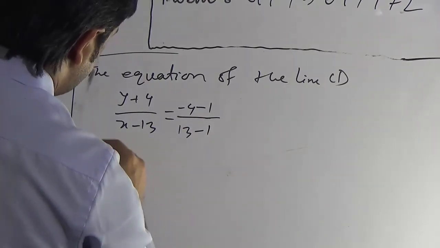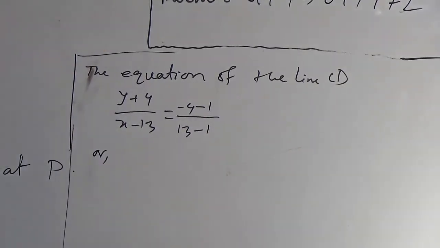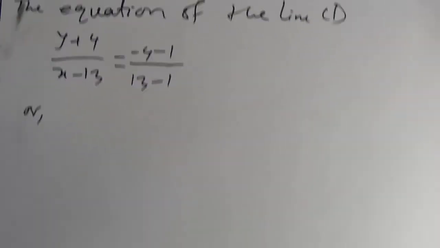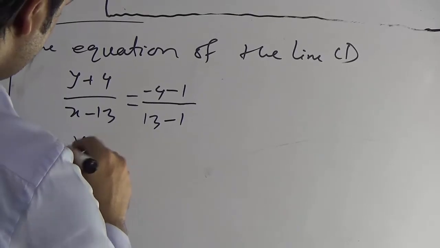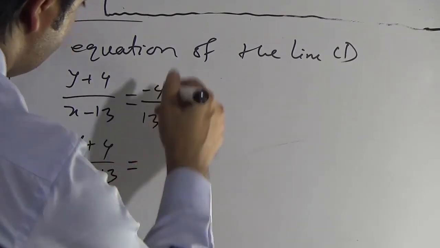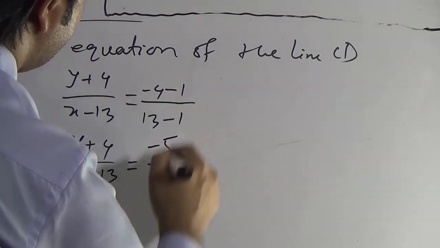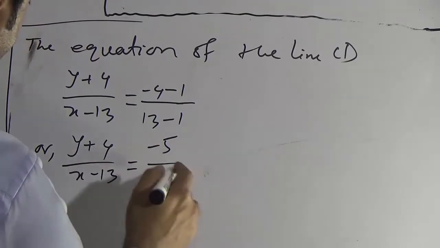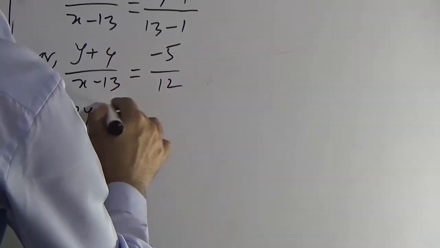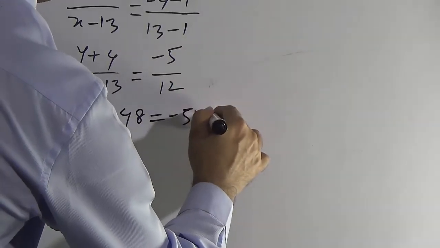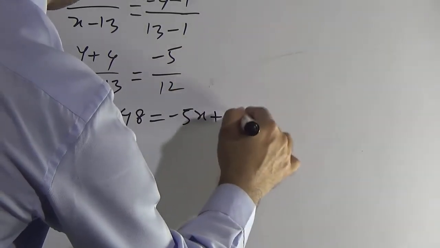So what will we get here if we want to determine this? We will get y plus 4 by x minus 13 equal to minus 5 by 12. Now do the multiplication: 12y plus 48 equals minus 5x plus 65.